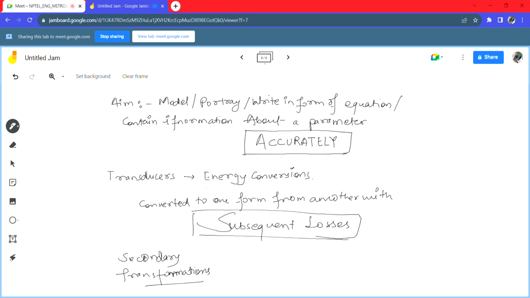What I mean by this is, say we have a mechanical movement, and from that mechanical movement we are getting electrical outputs. This is fine for us.